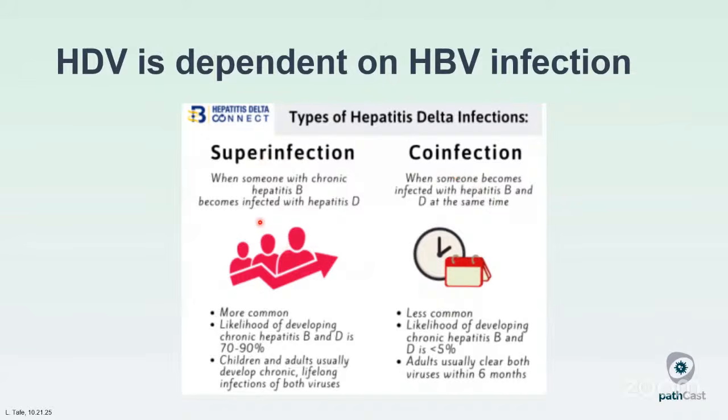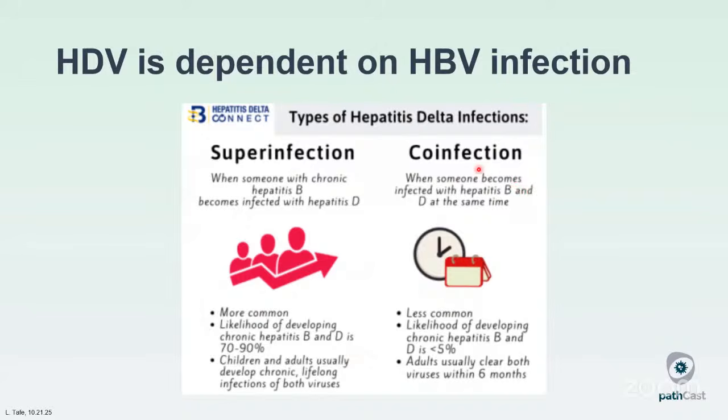Someone with chronic HBV who becomes infected with hepatitis D is a little more of the common scenario. These patients are typically more likely to develop chronic disease, which can lead to cirrhosis and ultimately hepatocellular carcinoma.